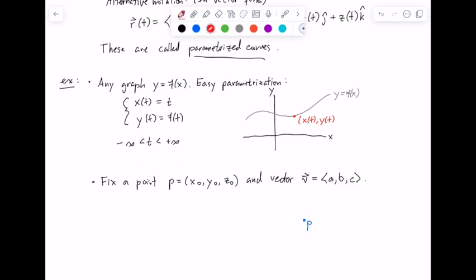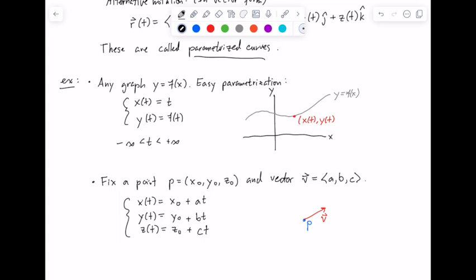So here's a point P, and here is a vector v. We can just write x of t, y of t, and z of t to be equal to, well, you start at the point x naught, y naught, z naught, and you translate by at, bt, ct.